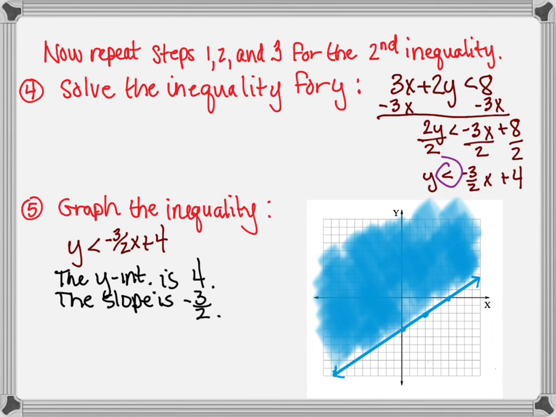Well, first, our inequality symbol is less than, so it's going to be a dotted or dashed line that we draw. So I'll put a point at my y-intercept at positive 4 and use my slope to go down 3 and right 2 and plot a few points and then draw in my dashed line.